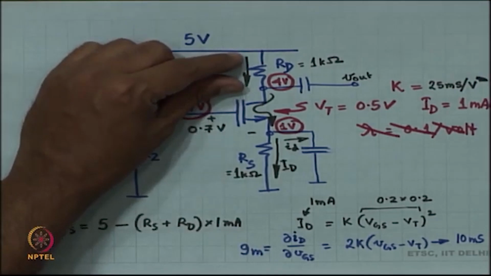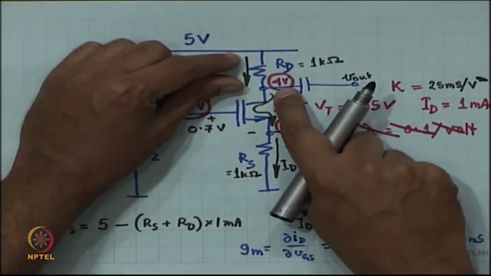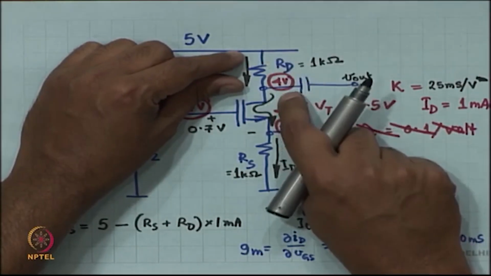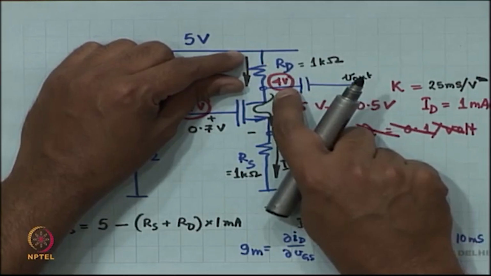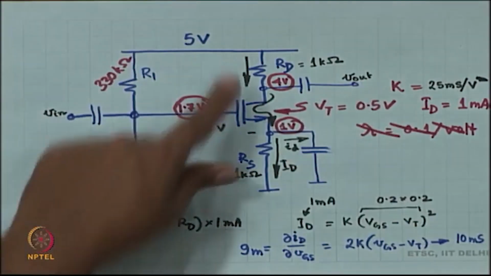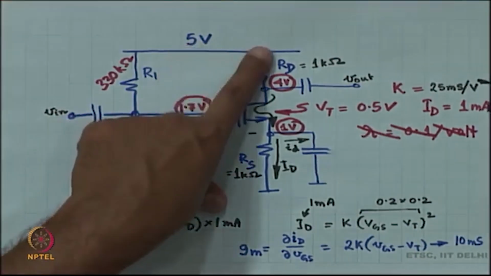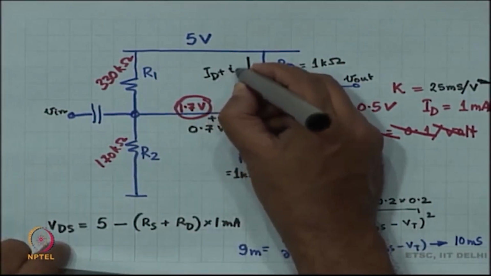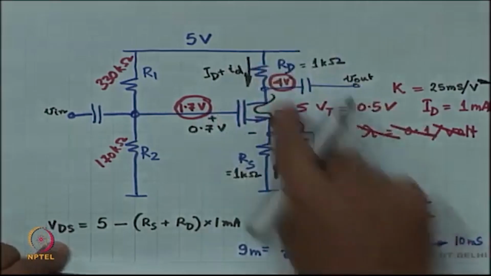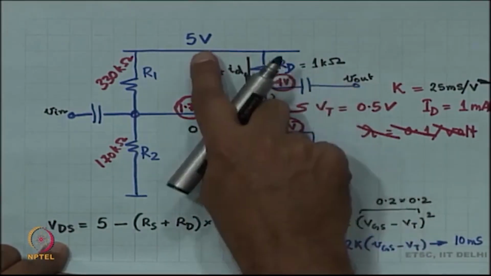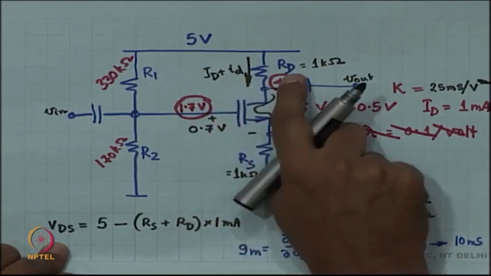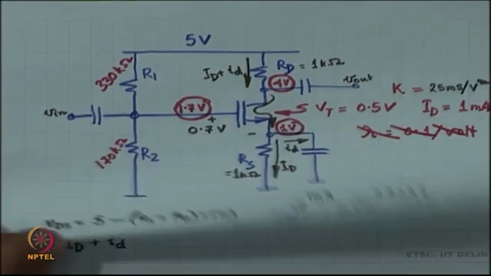So, what happens here? This is at 4 volts already because of capital ID. Now, excess dip is because of small ID. So, the drain voltage is going to dip further because of small ID. Effectively, I have got 5 volts over here, and this current is capital ID plus small ID, that is the total current. So, the voltage at the drain is 5 minus capital ID plus small ID times RD.